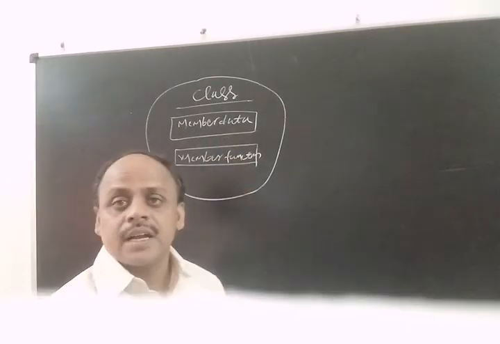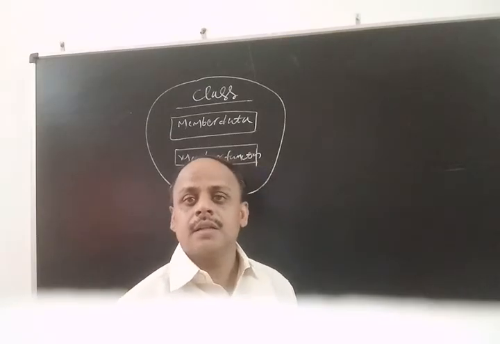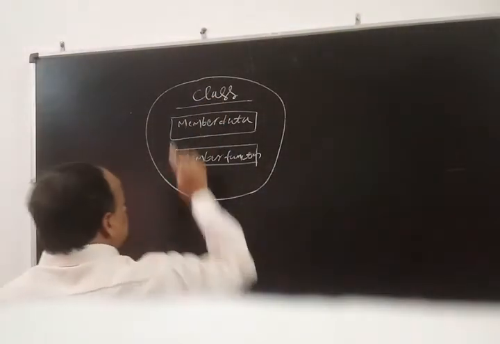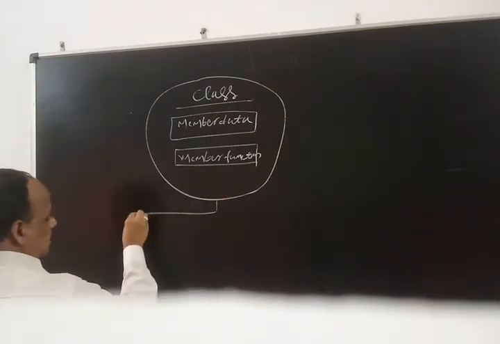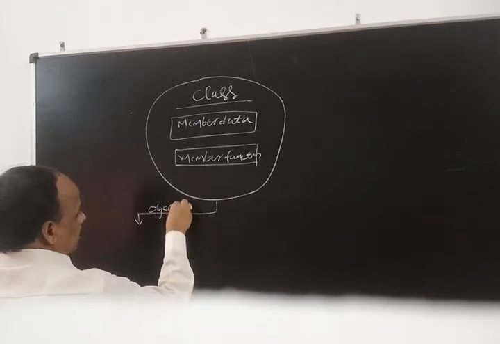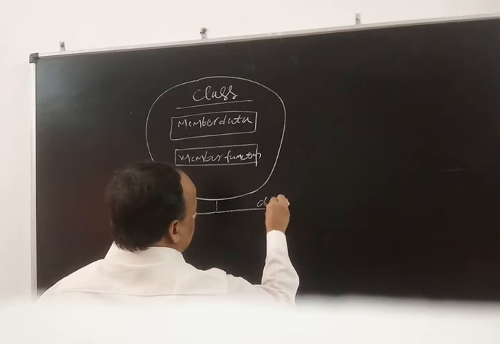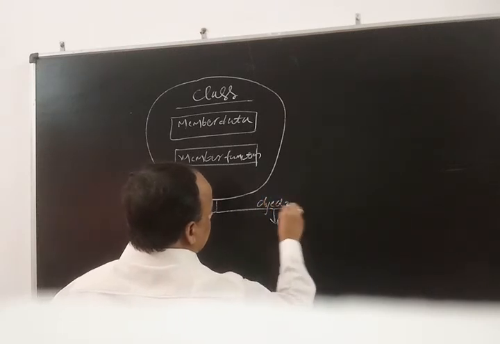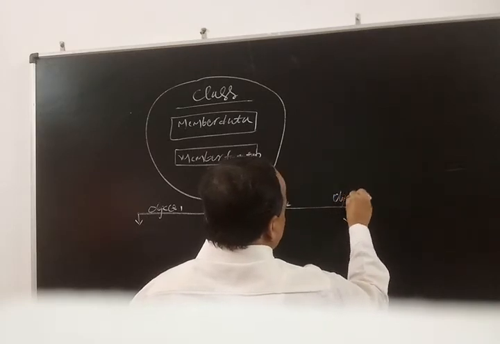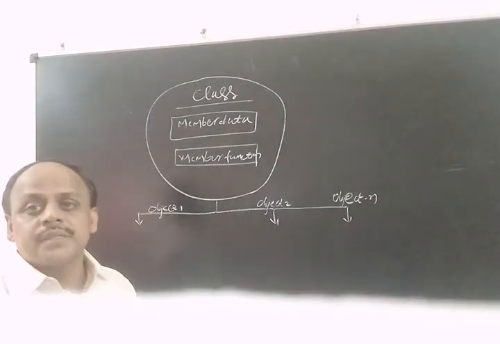A class is a collection of member data and member functions with a number of objects. Therefore, this class also contains objects: object 1, object 2, up to object n. Then what happens?